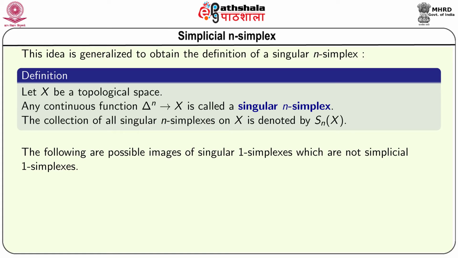The following are possible images of singular one-simplexes which are not simplicial one-simplexes. Now, if I look at this, any continuous function is considered as a singular n-simplex. So, any continuous injection is once again a singular n-simplex. So, this is actually generalizing the idea of simplicial n-simplex.